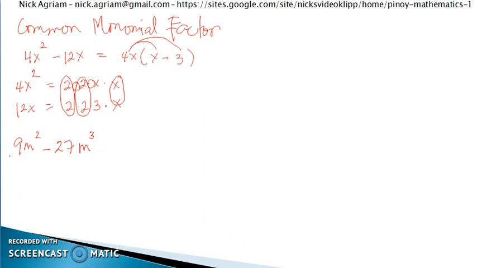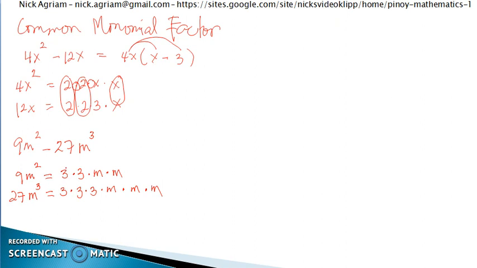Then 9m squared has the factors 3 times 3 times m times m, and 27m cubed is 3 times 3 times 3 times m times m times m.